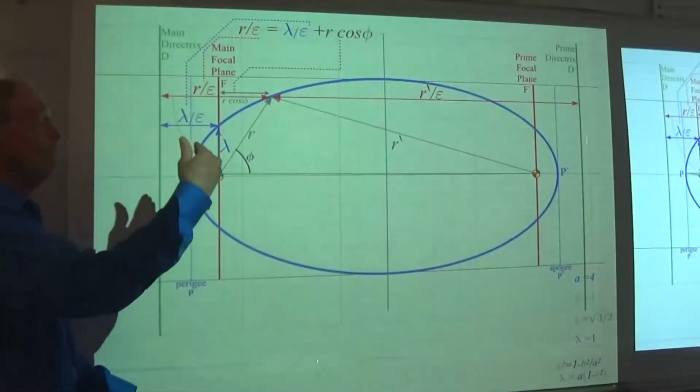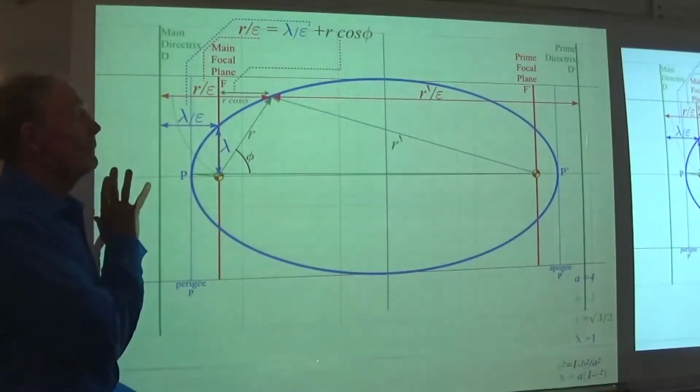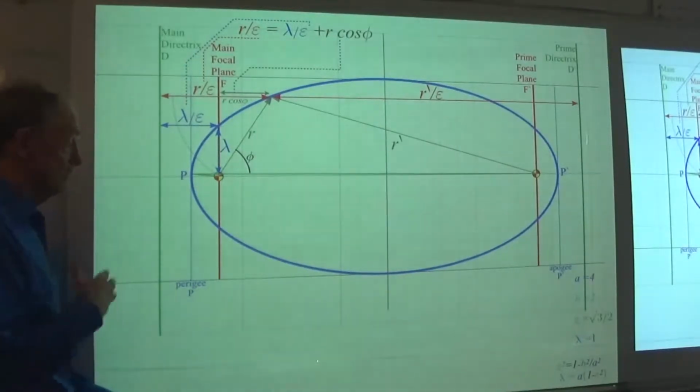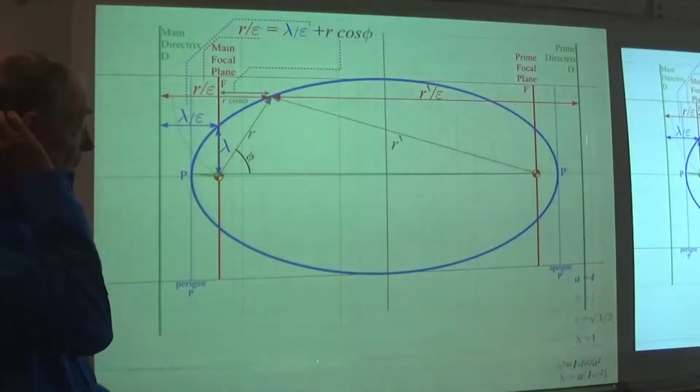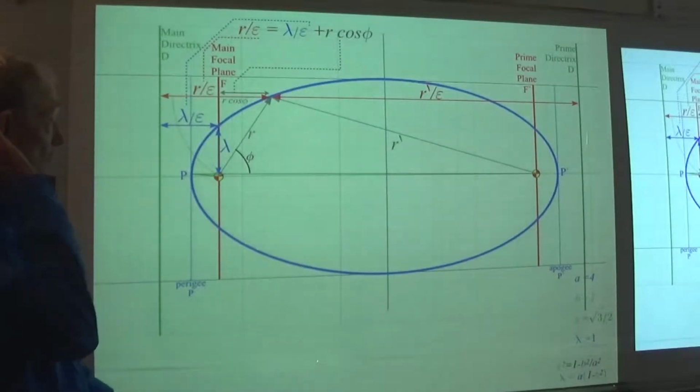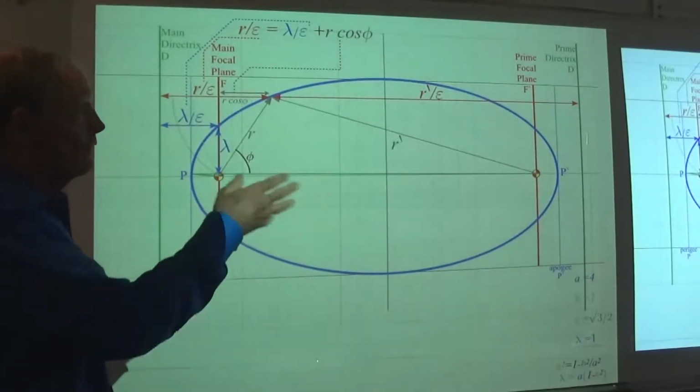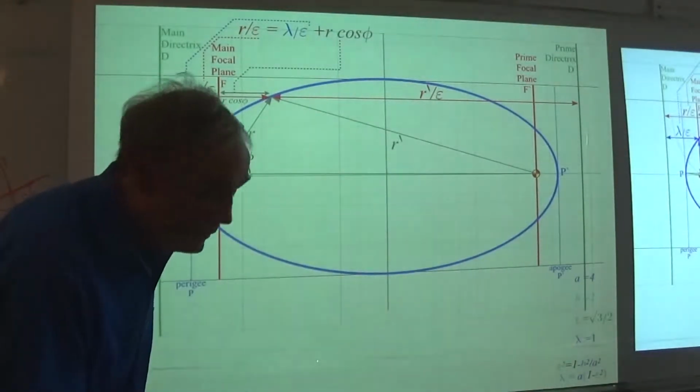And then when epsilon is above 1, something weird happens. And that's what I need you to get in your mind to understand how these things go into each other, how they're all connected.